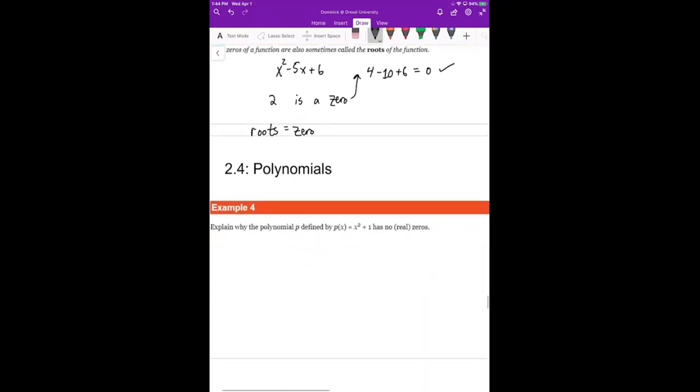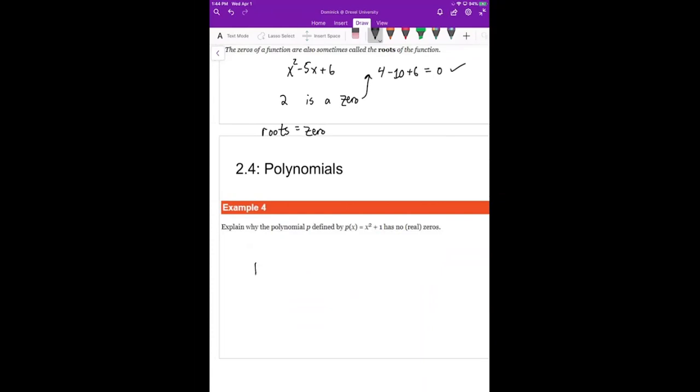Okay, now in example 4, we want to explain why p of x equals x squared plus 1 has no real zeros. Of course, this is something that we've talked about before. We want to find when 0 is equal to x squared plus 1.